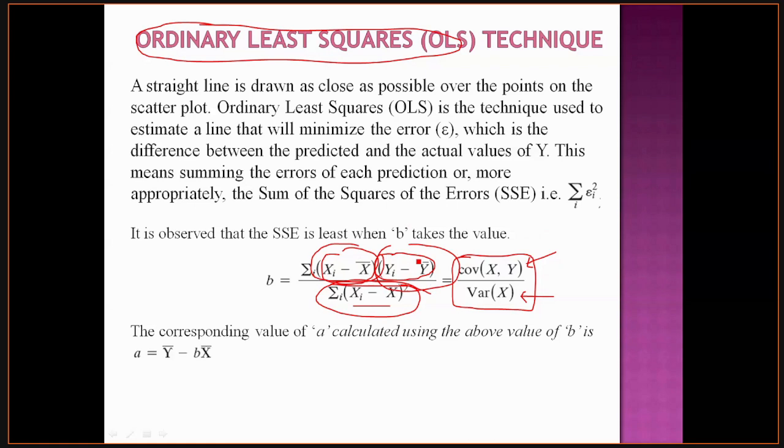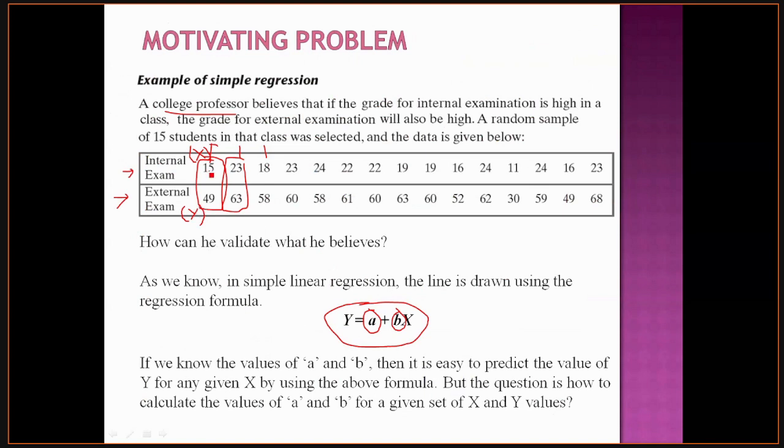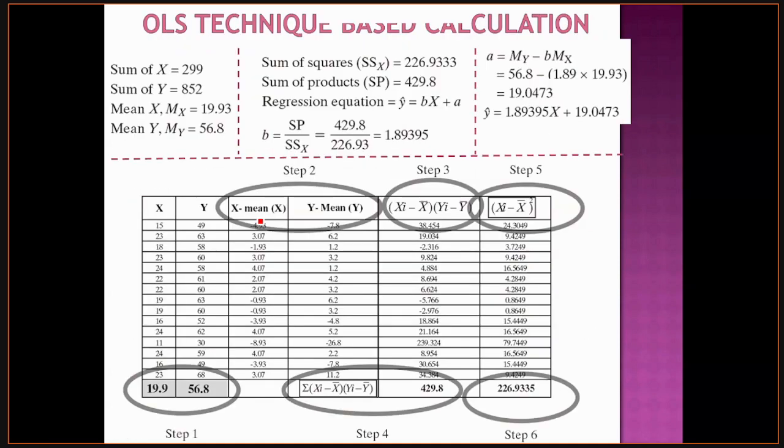For this particular data that we looked at, 15, 23, 18 and 49, 63, 58, if we take them as X and Y, first of all, we can calculate the mean. X bar is 19.9 and Y bar is 56.8.